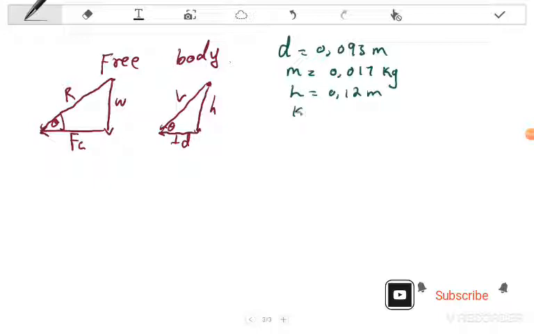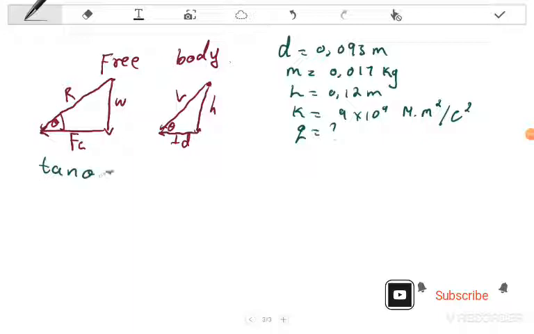And then K, from Coulomb's law, is 9 times 10 to the power 9 newton meter squared per coulomb squared. Okay, so we want Q. We don't know Q, so we're going to use these two sketches to find Q. Let's use the first one here. From this sketch, what's tan theta?